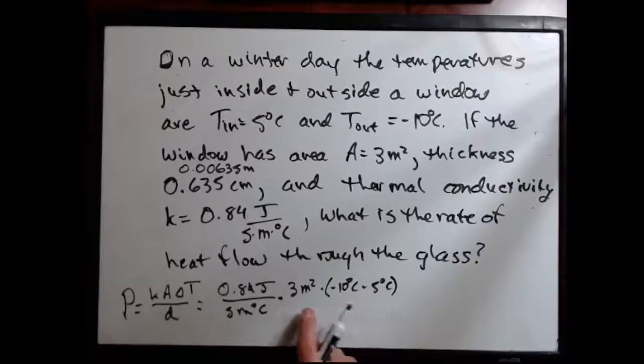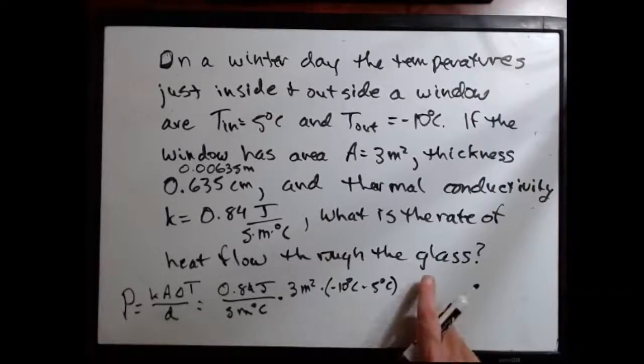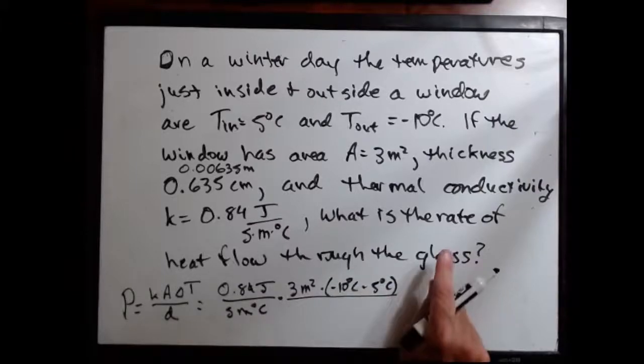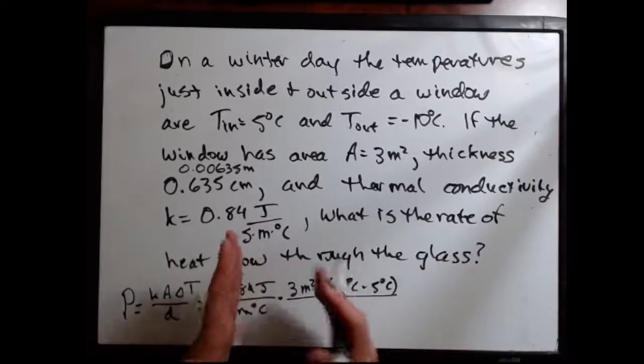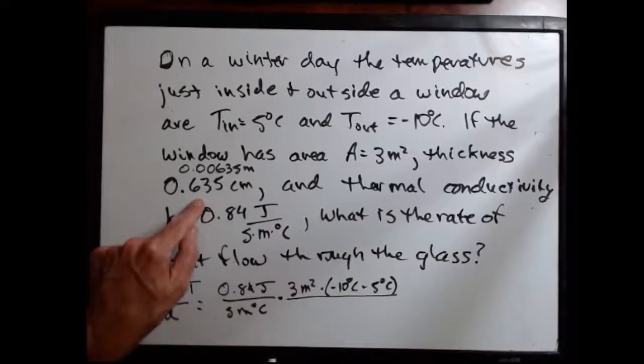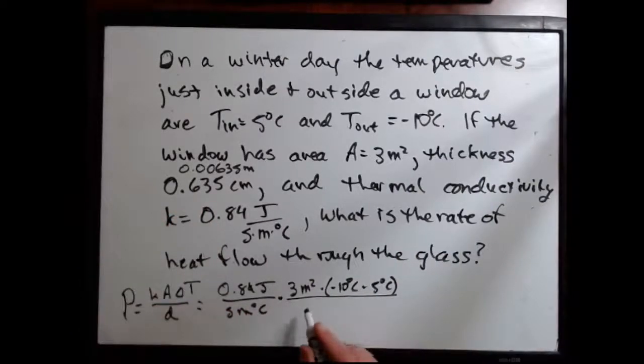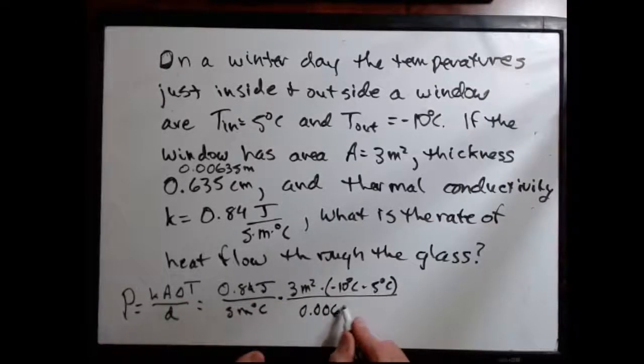Here, the minus sign that we're going to get on this is going to indicate that the heat's leaving the house, right? Which is what you expect it to do. And then the D, the distance, the bar, is actually just the thickness of the glass, right? The heat's flowing through from the inside to the outside through the glass. And so this is 0.00635 meters, I believe, like that.